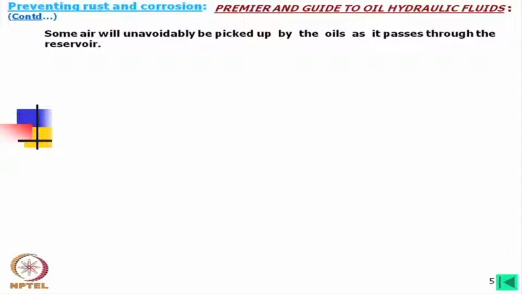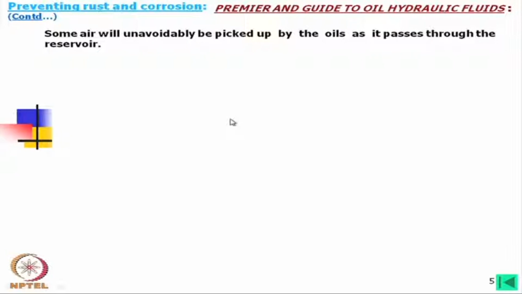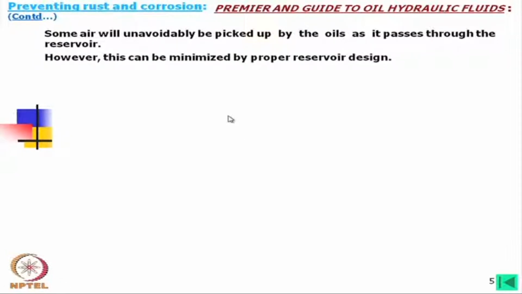When it is going inside the tank, because we provide a venting process to vent out the gases, the top of the oil is filled with air, and that air is mixed up with the oil while it is returning back to the reservoir. So, we cannot avoid the air inside it. However, this can be minimized by proper reservoir design.